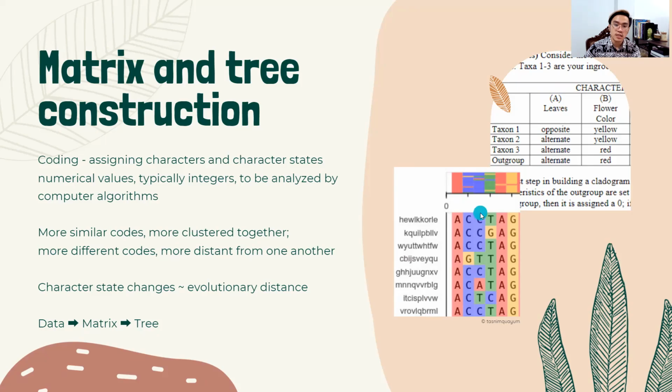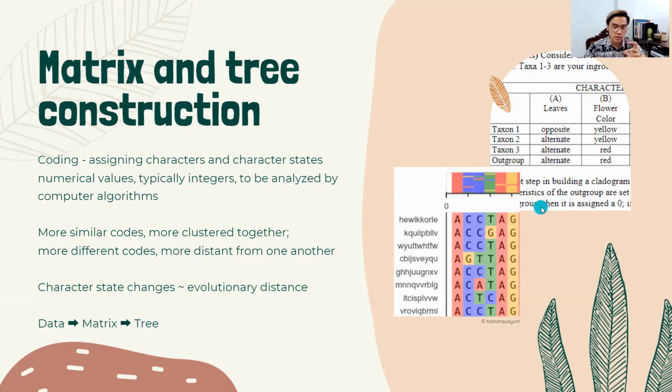In the third character, which is the third nucleotide site, all have the nucleotide cytosine except taxon 4, taxon 6 and taxon 7, and so on and so forth. So that's how we create a matrix out of the taxa and the characters that we have. This is what we call the process of matrix formation.